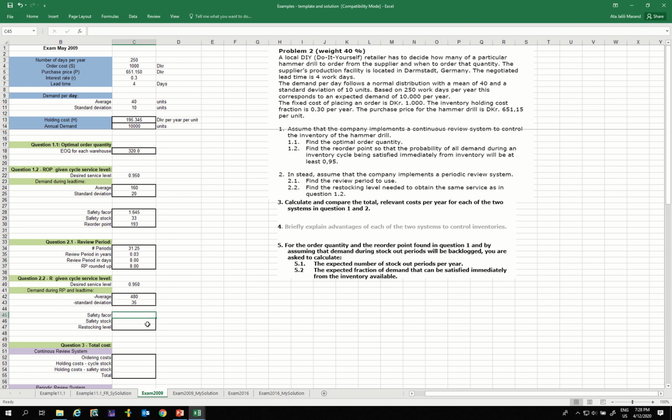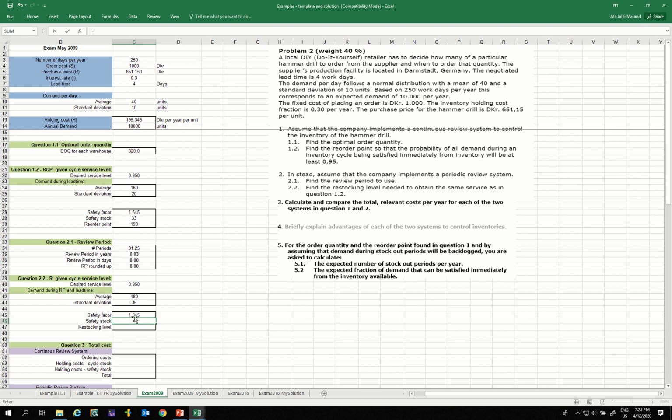So next I need to calculate the safety factor. Norm S inv 95%. Of course, I'll get the same value for the safety factor as I calculated previously.